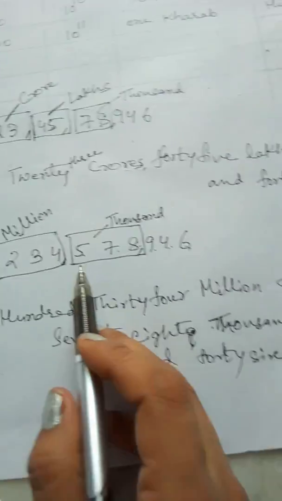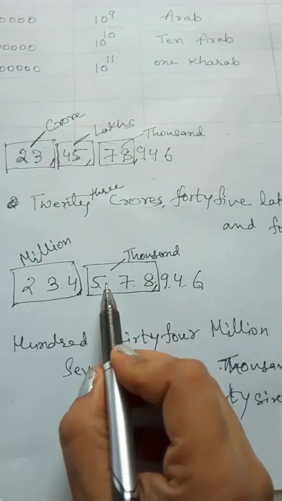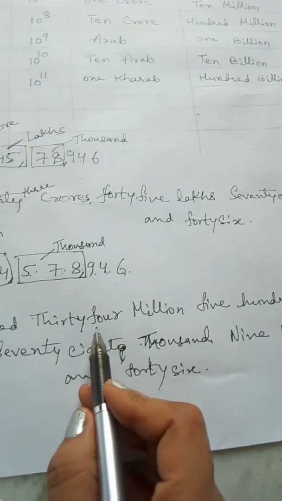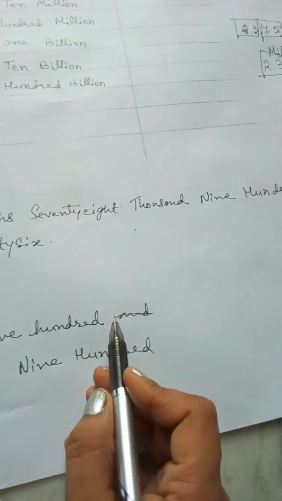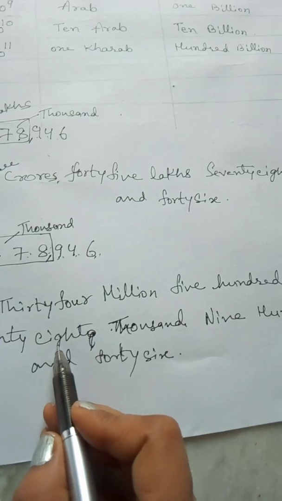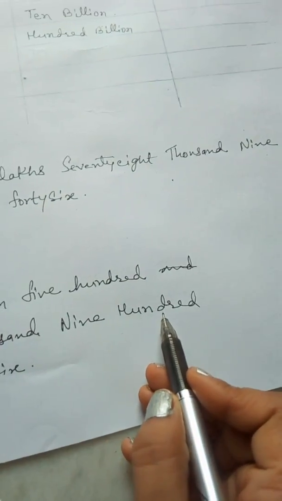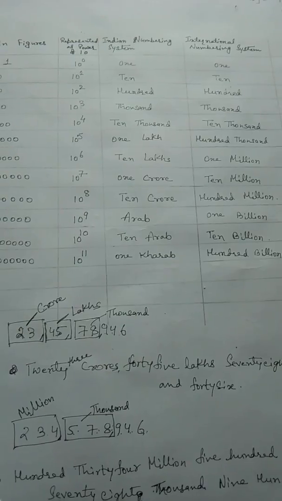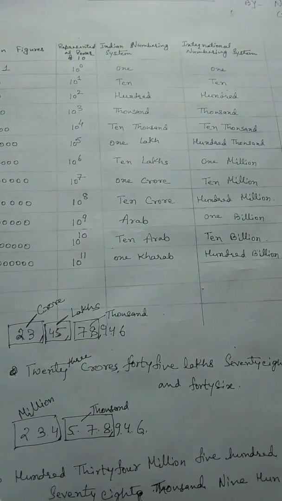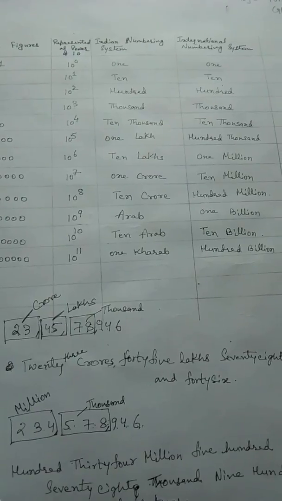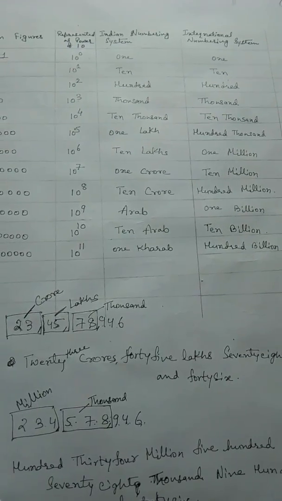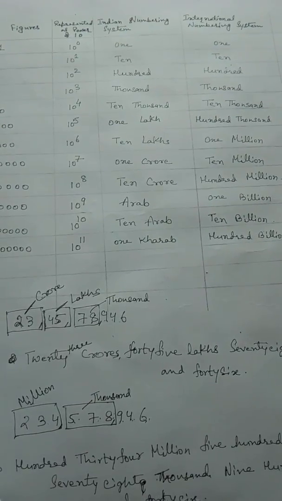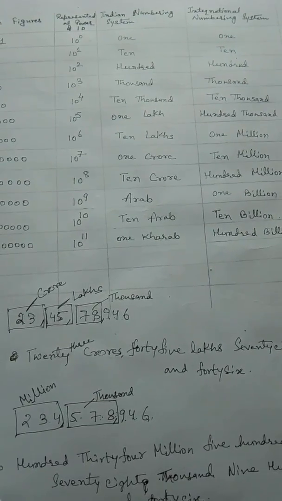So the number is 234,578,946, read as 234 million 578 thousand 946. So you have seen how easy it is. Go through more numbers and ask me if you find any difficulty. That's all for now. Keep watching James Study Center channel. Bye bye.